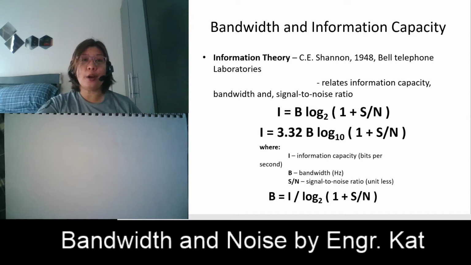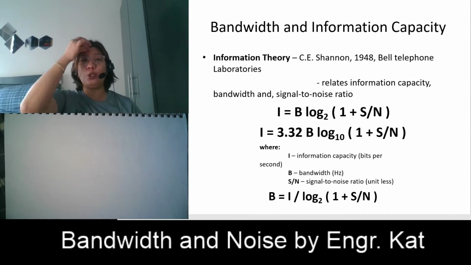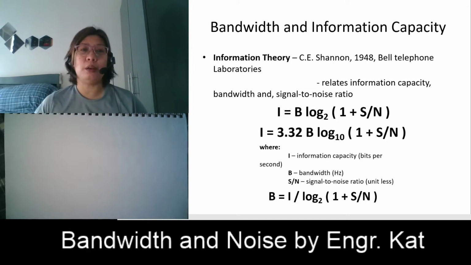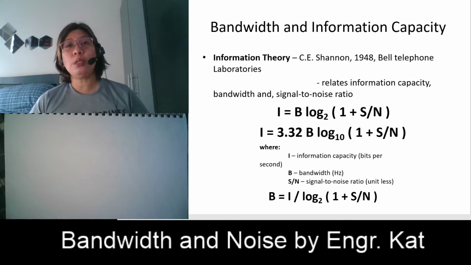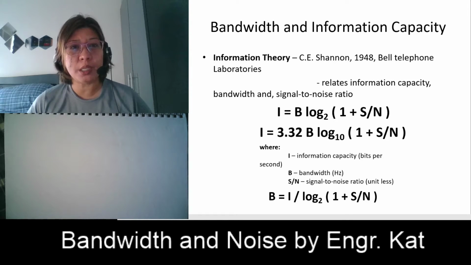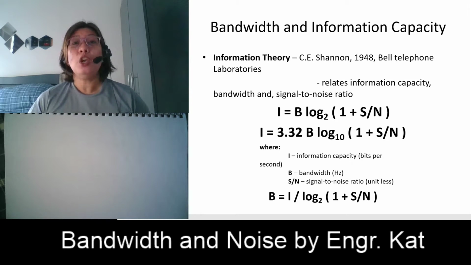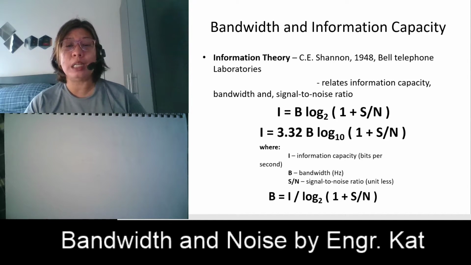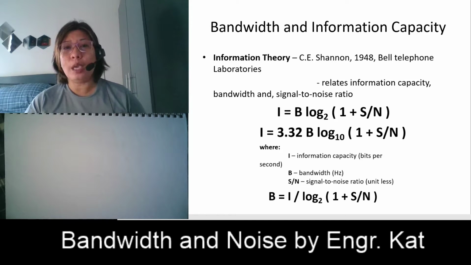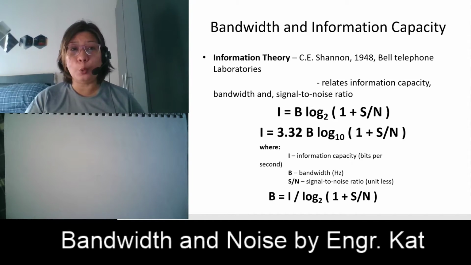However, in our calculators, in our usual computations, we make use of either of two logarithms: the natural logarithm, which is your ln in your calculator, and the common logarithm, which is in base 10. To relate the logarithm to the base 2 and the logarithm to the base 10, we have a constant, which is 3.32.